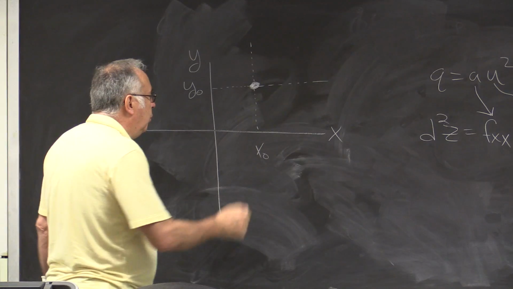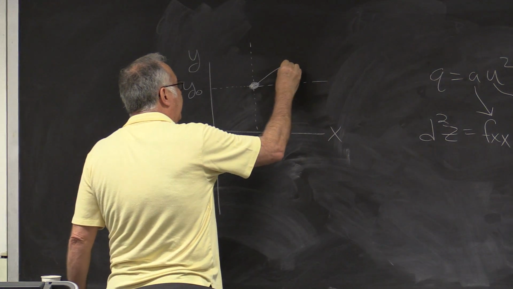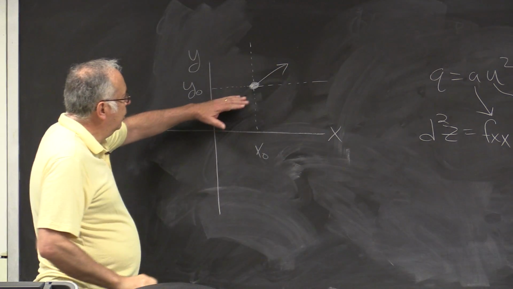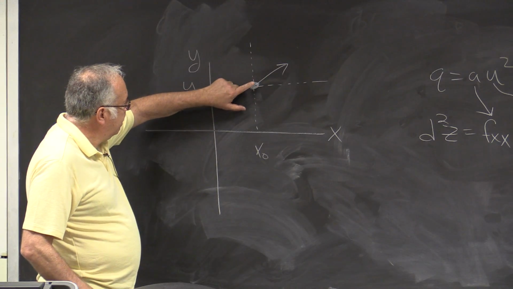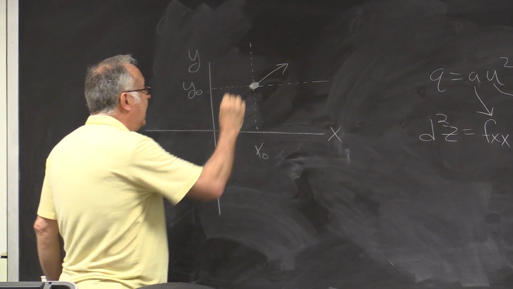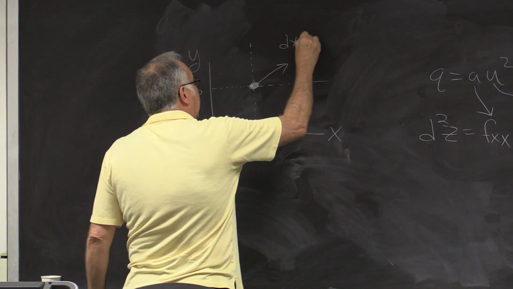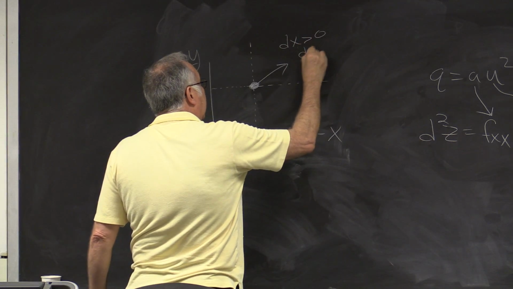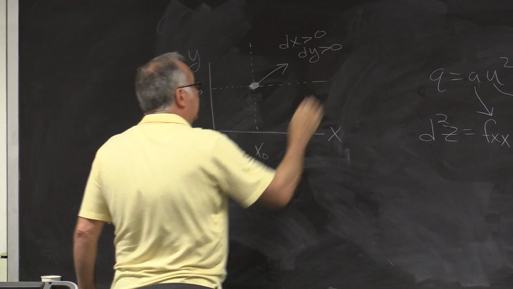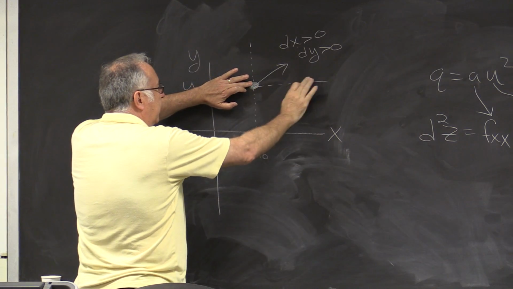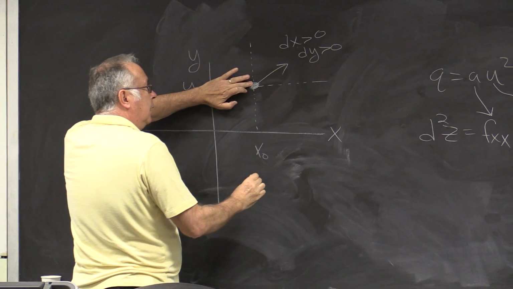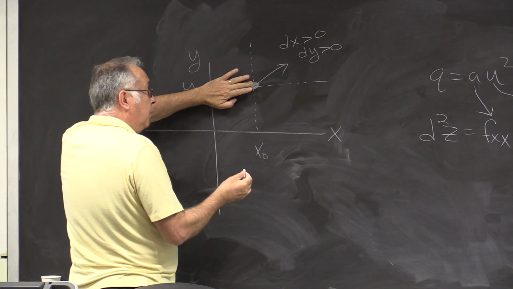Imagine now you think about moving away from this point. If you move away in this direction, notice dx is positive and dy is positive. If you move anywhere in this quadrant right here, you're increasing x and you're increasing y.